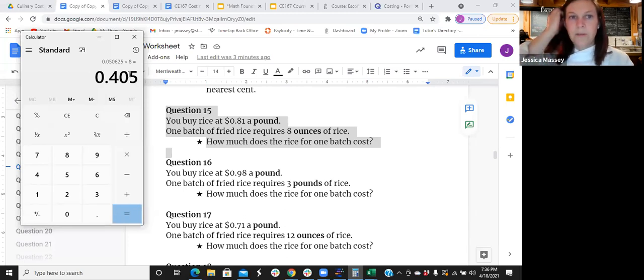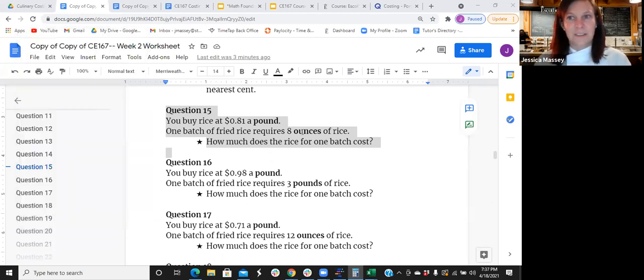So it'd be 41 cents. And I know there's someone out there who's like, well, chef, can't you just take your 81 cents and divide it by half because you have 8 ounces? You sure can. But just note if you're that person, because I'm that person, it doesn't work for everything. You still have to know how to find your answer.